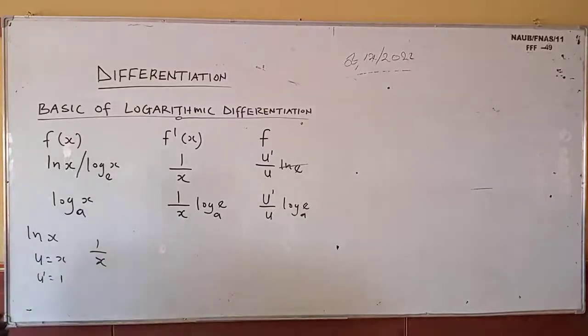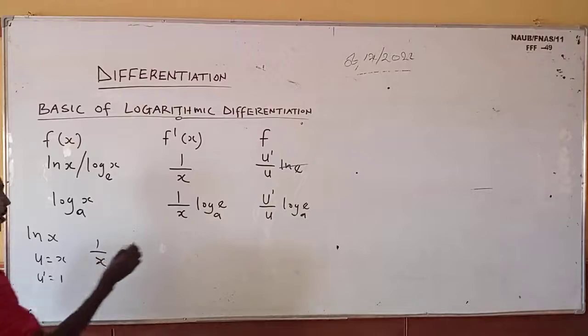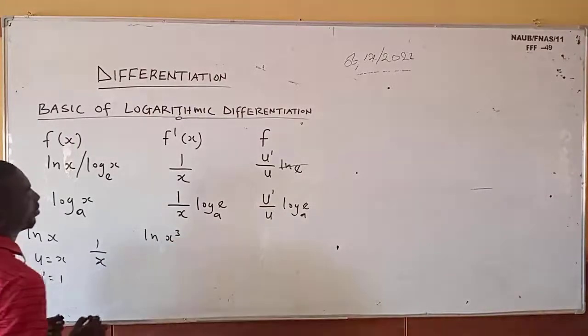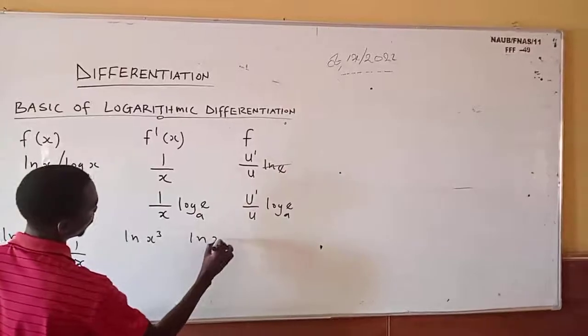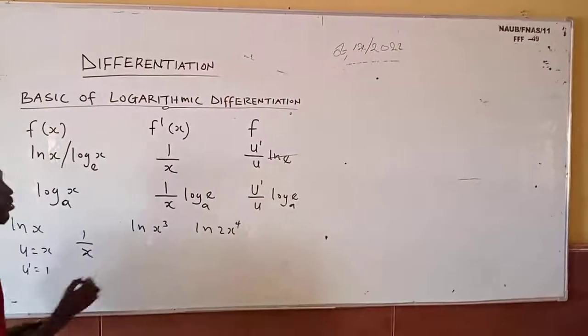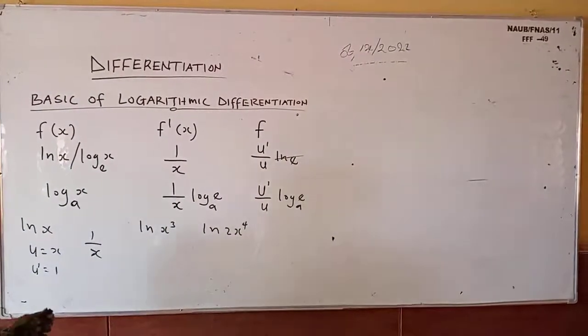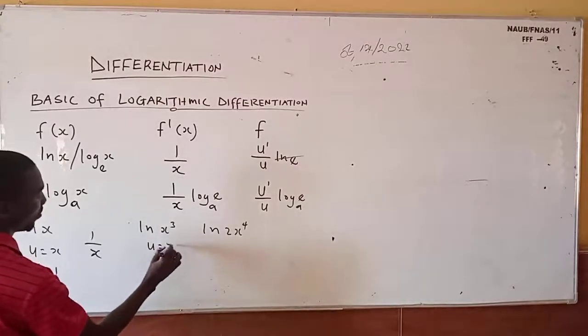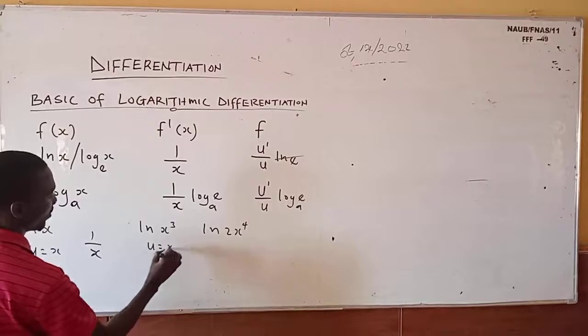If you differentiate this, so if you have ln s cube, ln 2s to the power of 4, you see u will be equal to s cube.